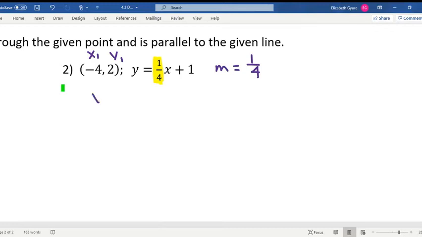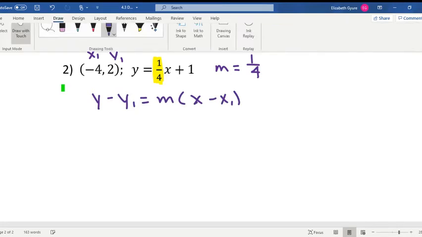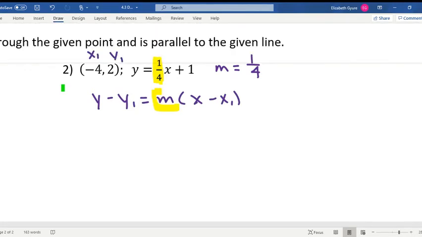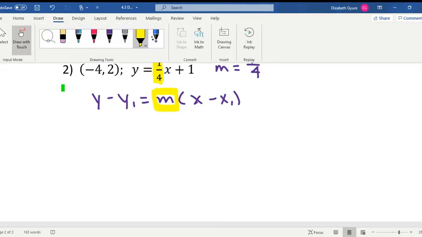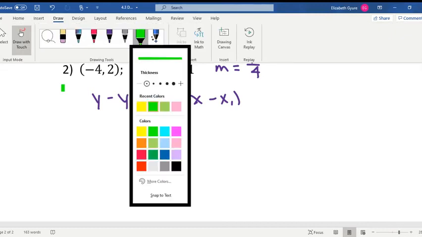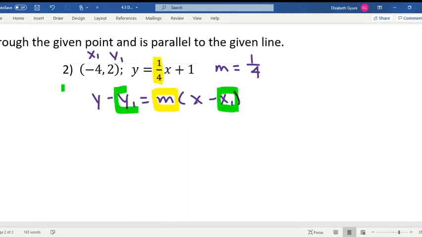And then remember, we're going to use y minus y1 equals m times x minus x1, where we plug our 1/4 in for our slope, which is m, and we plug our point in for x1 and y1.